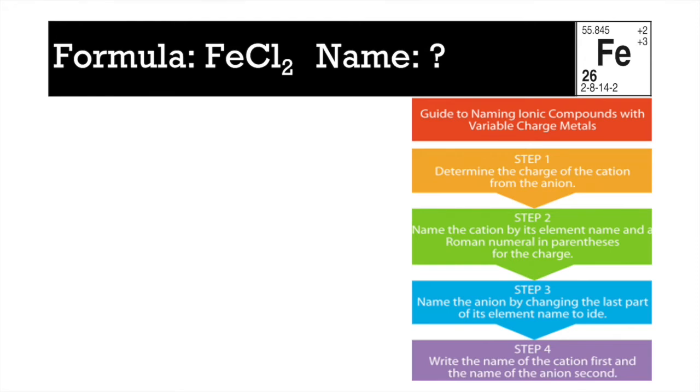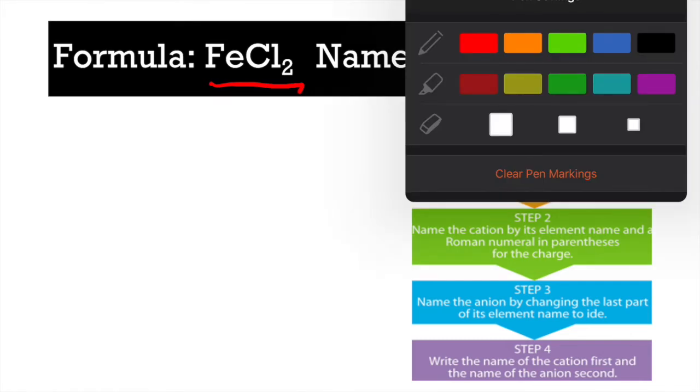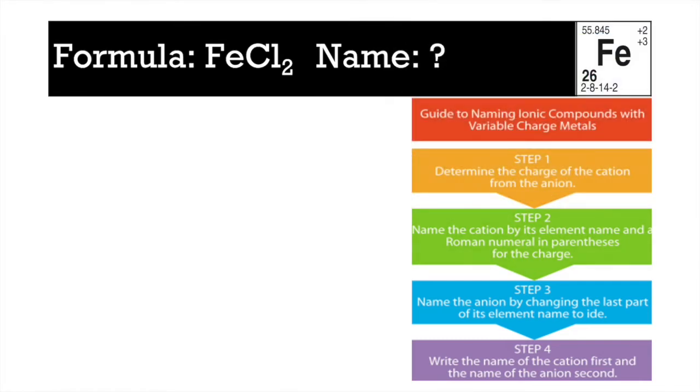I gave you the formula FeCl2. I went ahead and pulled up the reference table and looked at iron. Iron has a +2 charge and a +3 charge. Our job is to figure out which one of those is in our compound. What you need to remember is that compounds have an overall charge of 0, so compounds are neutral.